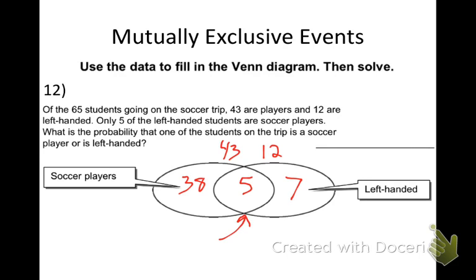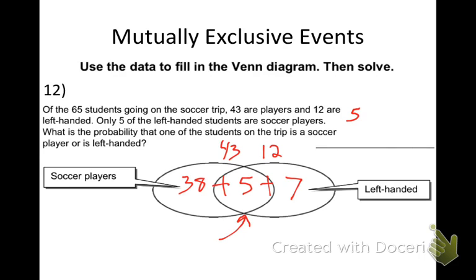Now you can distinctly see all the different people, right? Am I counting people twice in this now? No. So to find the probability when you're using a Venn diagram, you can just strictly add here. So 38 plus 5 plus 7 gets me how many people are either left-handed or are players. What do you get then?